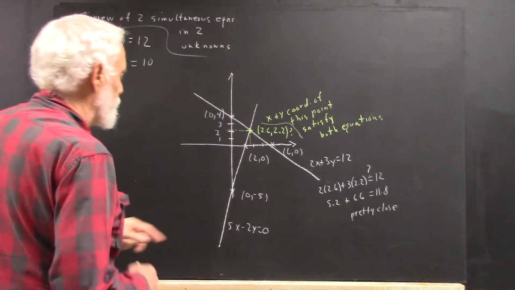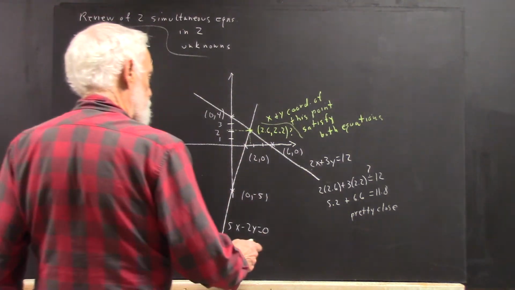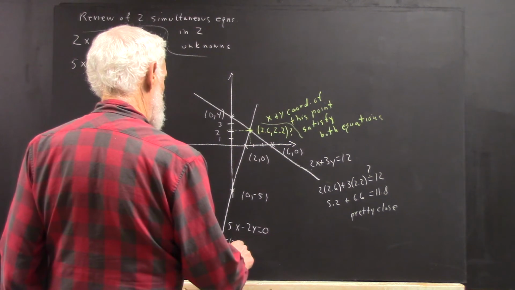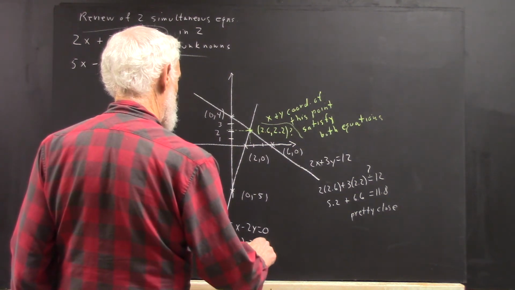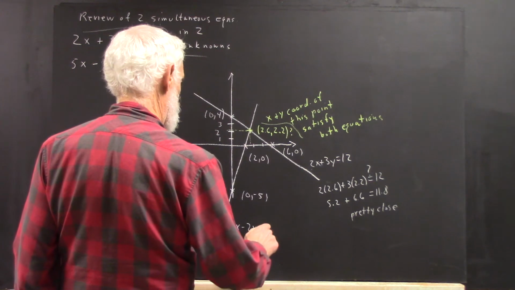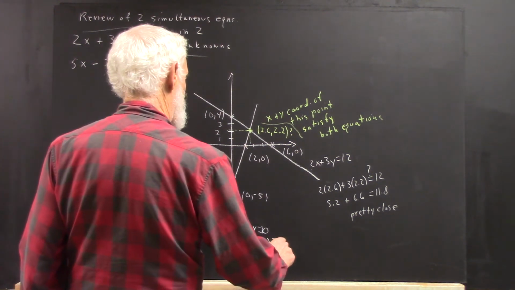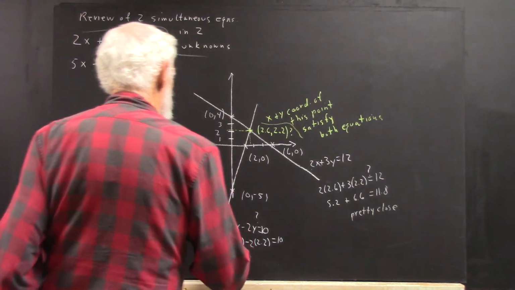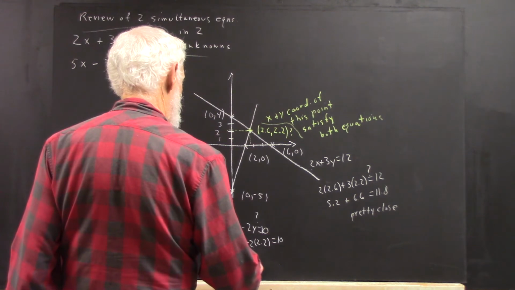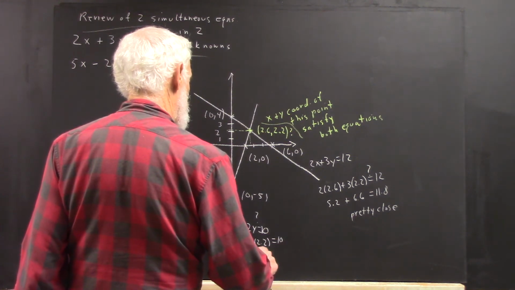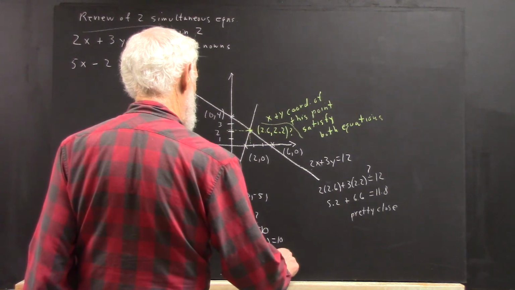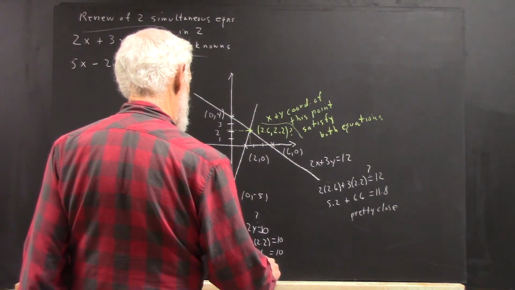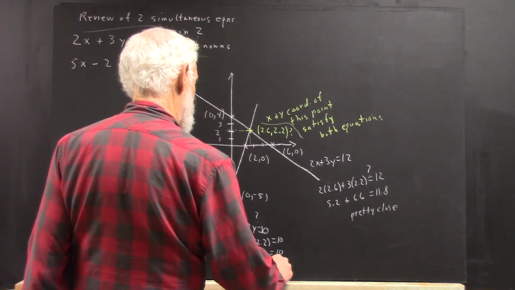That's pretty good. Okay, down here, we got 5x minus 2y equals 10. 5 times 2.6 minus 2 times 2.2. Well, 5 times 2.6 is 13. 2 times 2.2 is 4.4. Well, that comes out to like 8.6 equals 10.